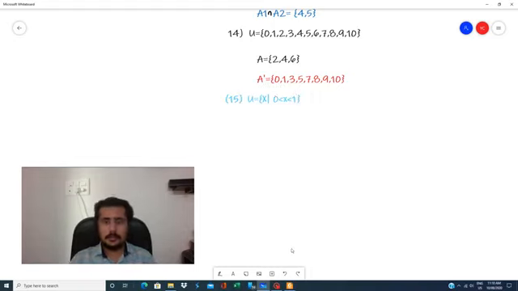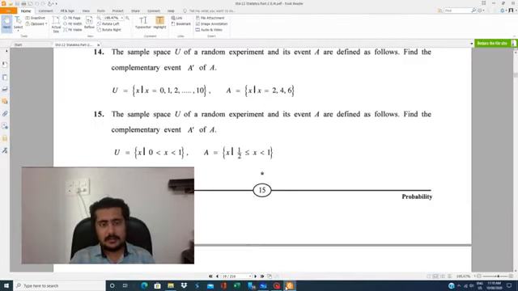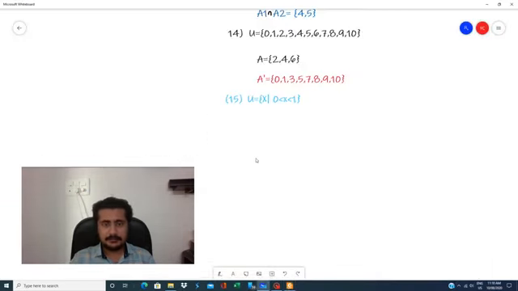So basically your U is between 0 and 1, and the value of x is between 0 and 1. Then what is A? A is half less than x less than 1.